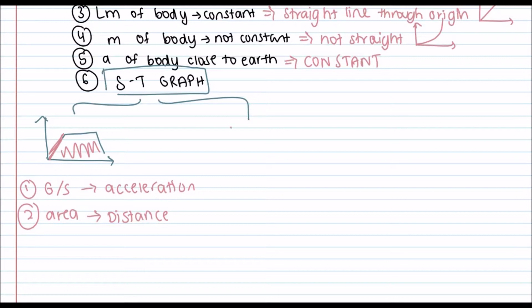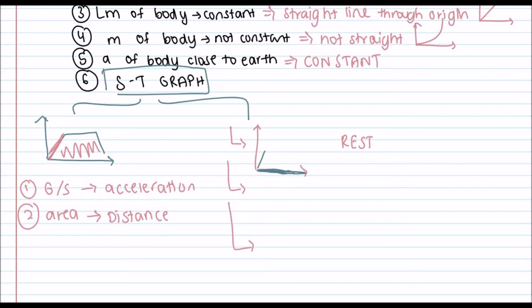And over here, we need to remember 3 different types of graphs. The first one is they want to know in an ST graph what is at rest. Anything at rest would touch the x-axis. It would be at rest when it's touching the x-axis.